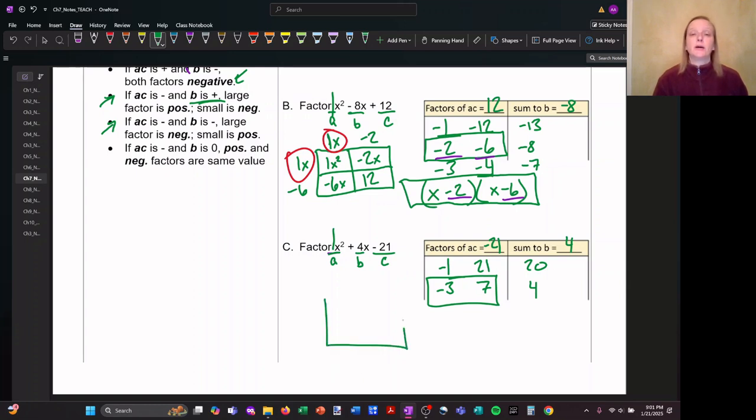Let's make our 2 by 2 table. And I've got 1x squared in the top left, negative 21 in the bottom right, and I need my negative 3x and my positive 7x as the remaining two boxes.